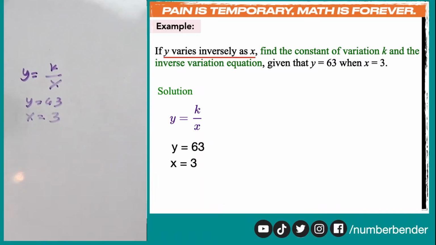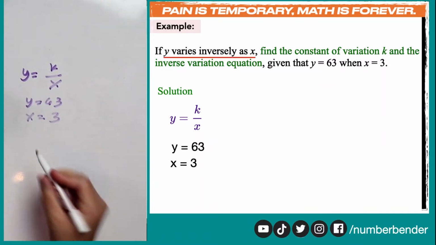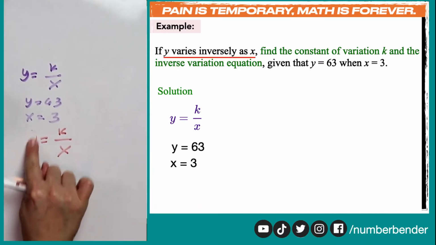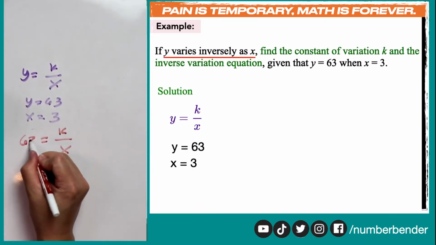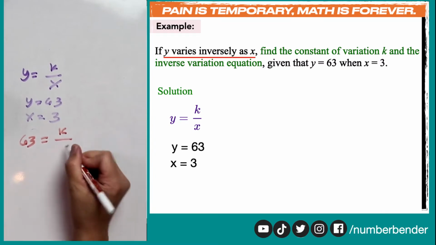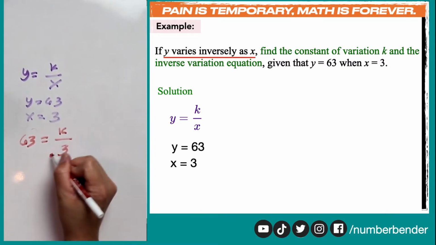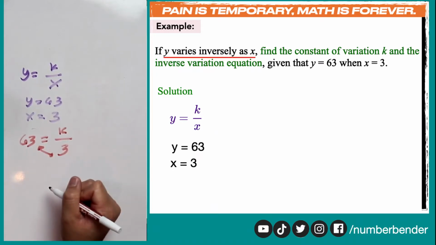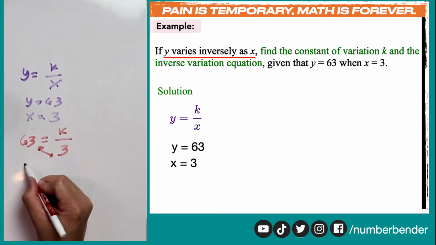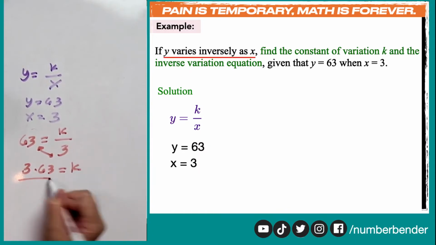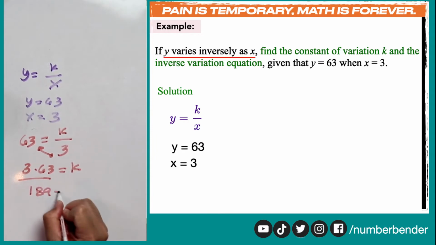All we need to do is replace y by 63 and x by 3, and by cross multiplication, we'll be able to find the value of k. 3 times 63 will be equal to k, and by multiplying this, we know that this is equal to 189.